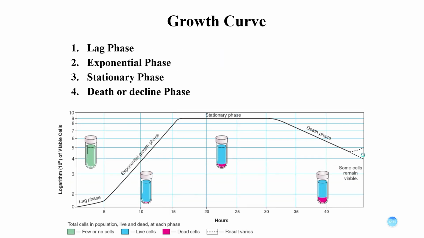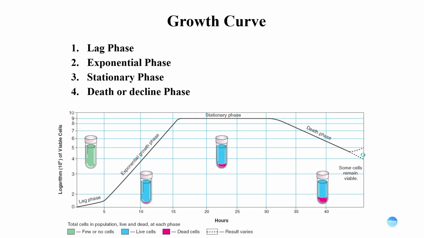And if we check the population, whole population, not focus on any single cell, the bacterial growth can be described by a growth curve. For example, if you have a tube of culture or a flask of culture, the bacterial growth can be described with a growth curve.